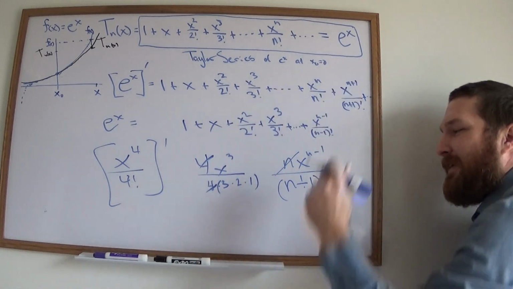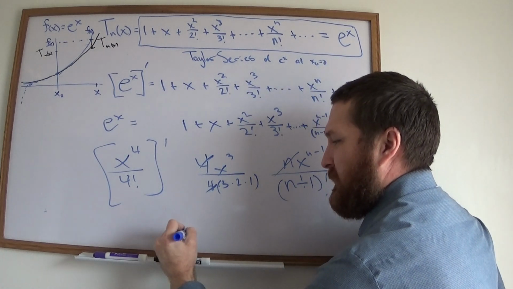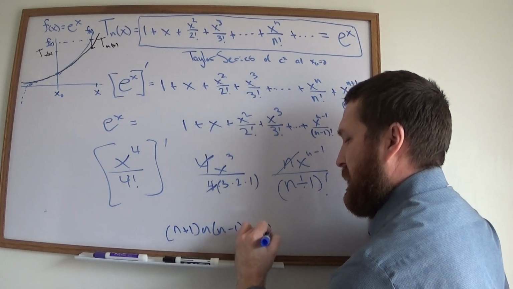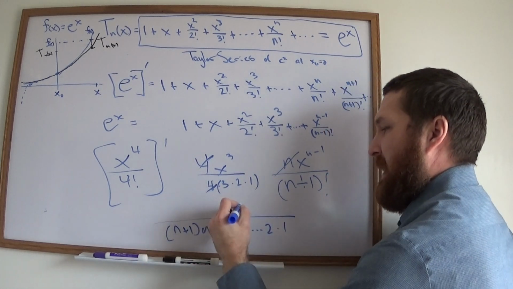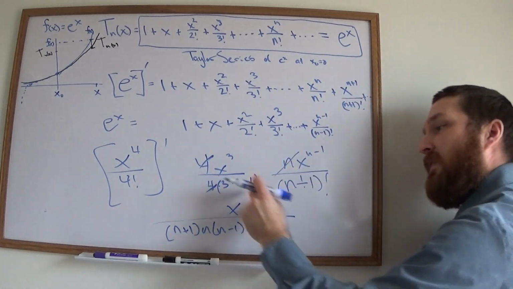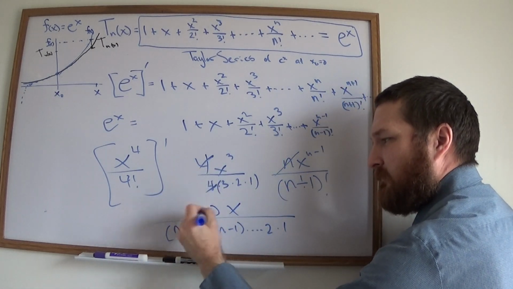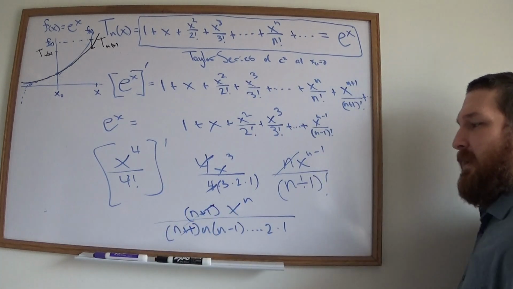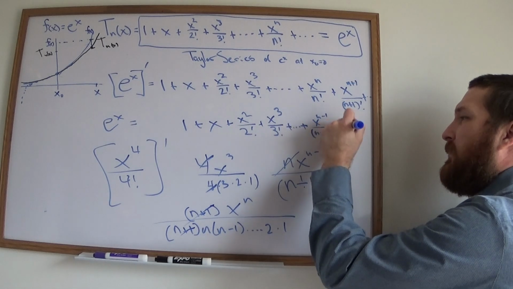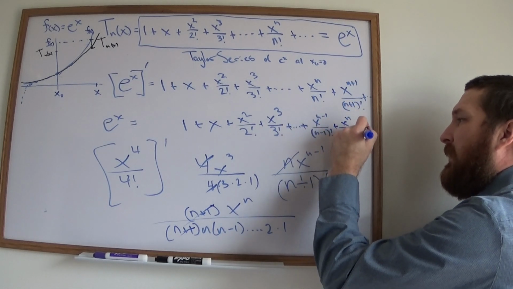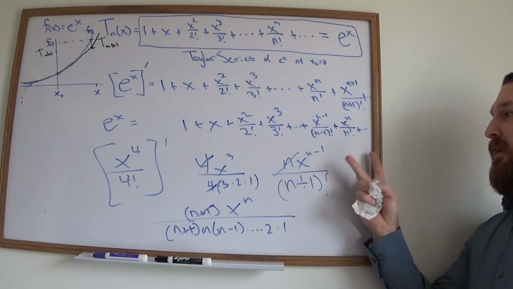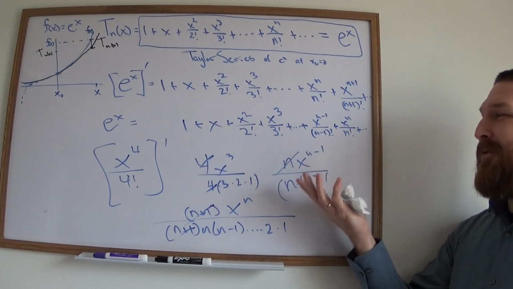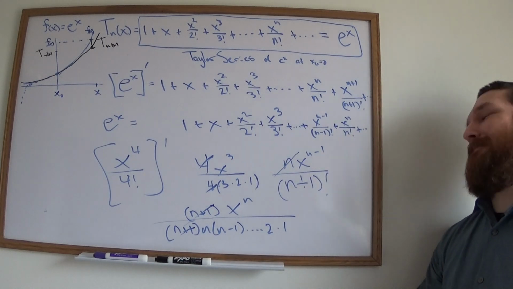The n plus 1 comes down, so n plus 1 factorial divided by n plus 1 is n factorial. So we get x to the n over n factorial, and on and on and on forever. Does that work or what? Is that cool or what?